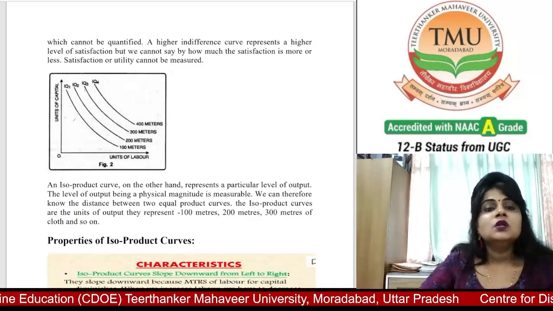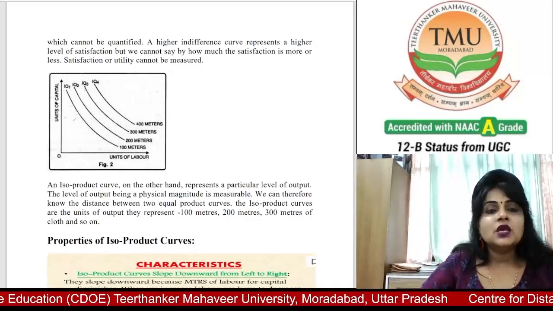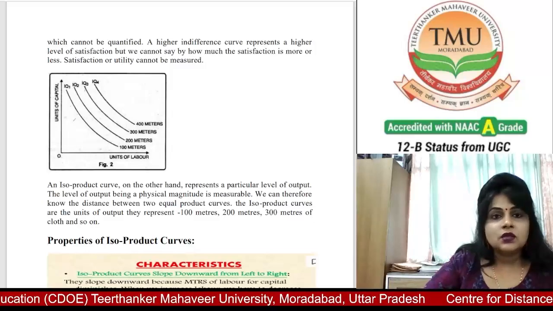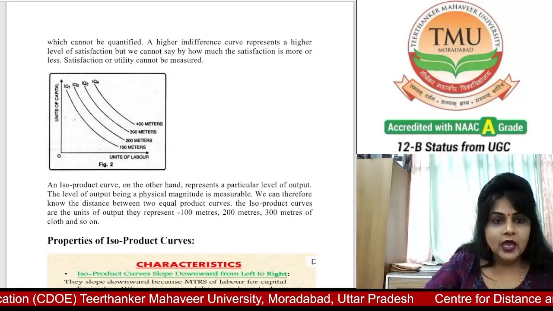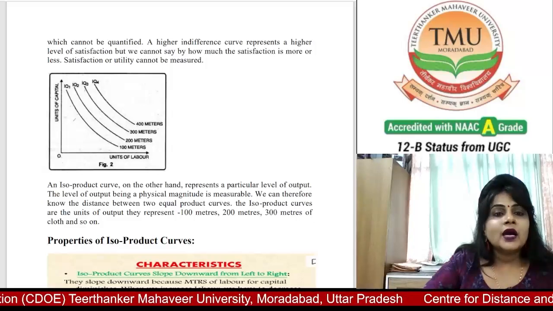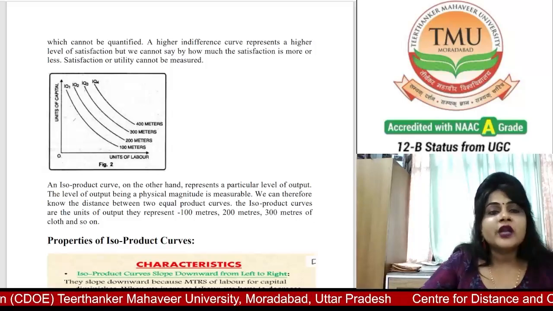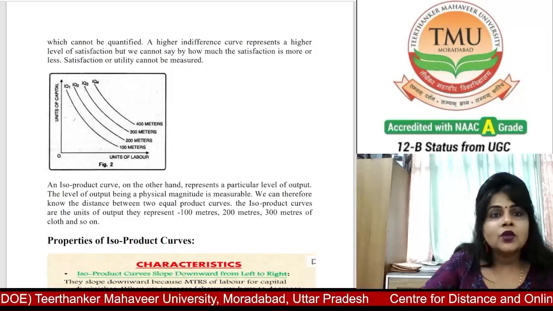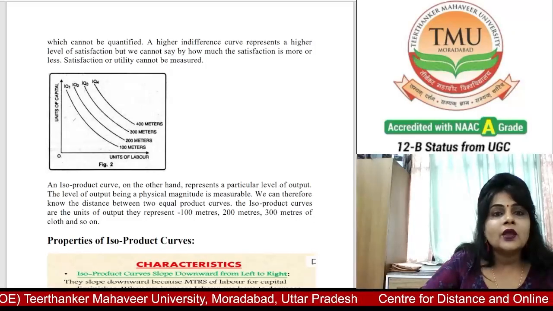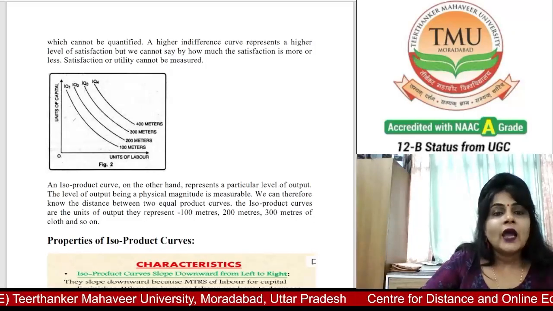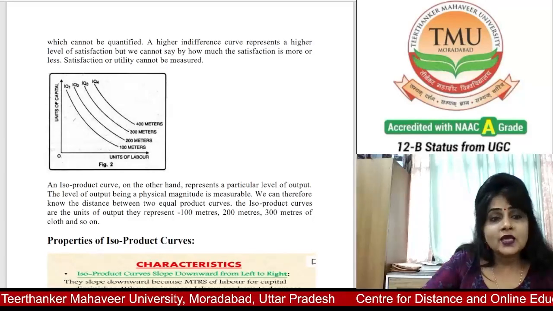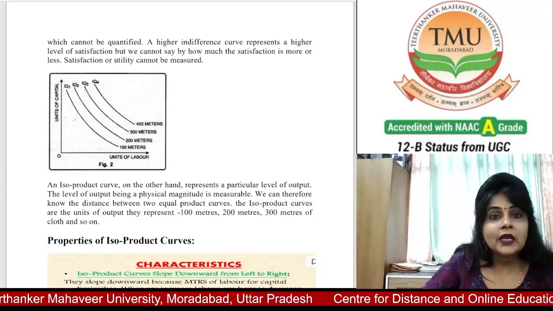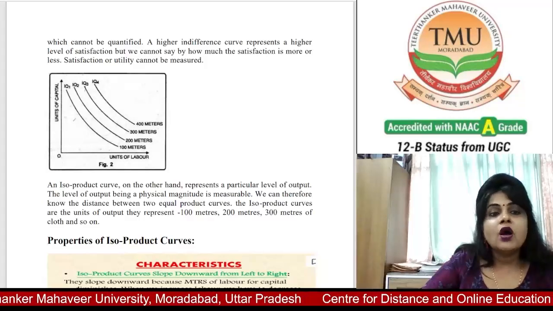It can be shown in the following diagram. You see here the above diagram. This diagram shows an isoquant curve map. There are different isoquant curves representing IQ1, IQ2, IQ3, and IQ4. And IQ1 is the lowest isoquant curve. It represents the lowest level, only 100 meters, the lowest level of output.